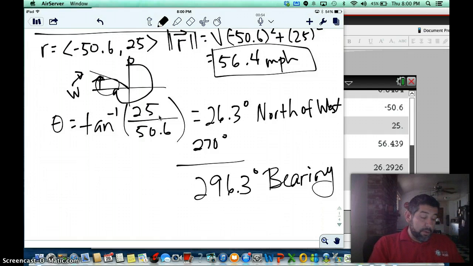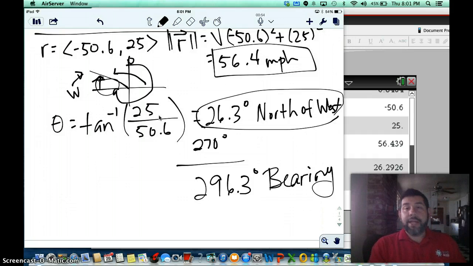Or the other way is to subtract 180, and that would give me the regular angles that we normally deal with. So either way is fine. I suggest that whatever angles are given to you in the directions, that's what you want to stick with. Since they're given to us in compass direction, we're going to stick with that answer there. But if I gave it to you in bearing, or another teacher gave it to you in bearing, you're going to want to use bearing, which is right here.